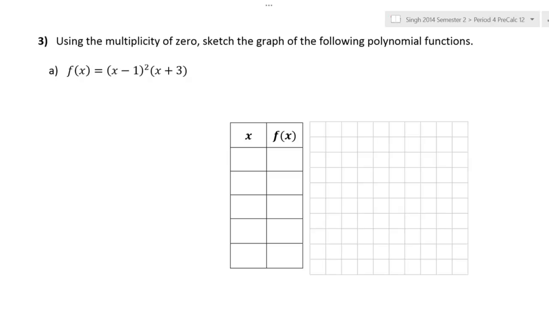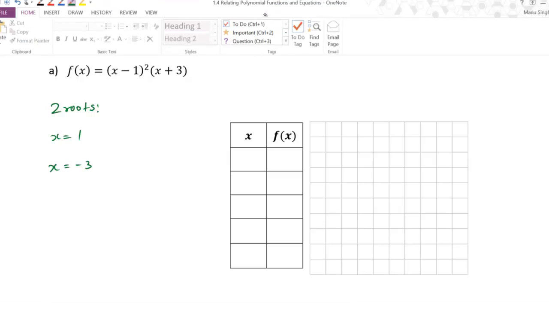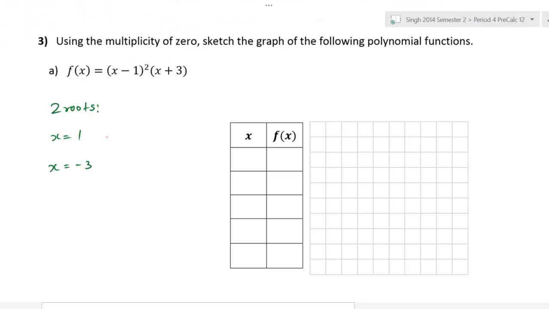So the first thing we're going to recognize is, based on this factored form, we have two roots or two x-intercepts. The first root is x equals 1 and the second root is x equals negative 3. What I'm going to identify is that the root x equals 1 has a power of 2, which means this root is going to have an even multiplicity.